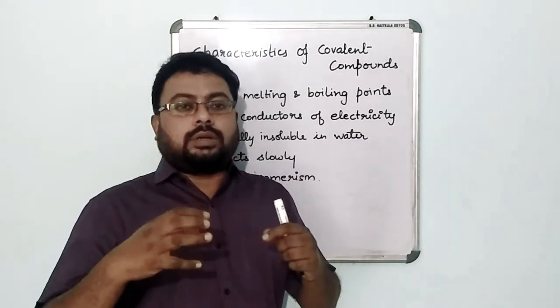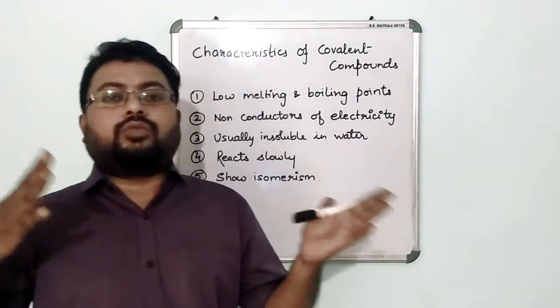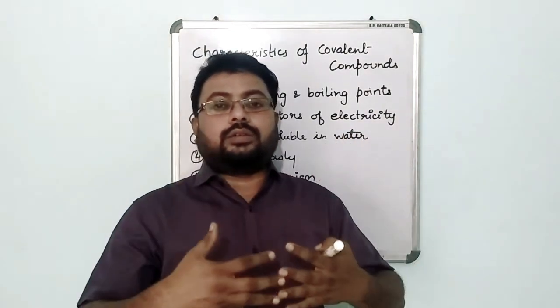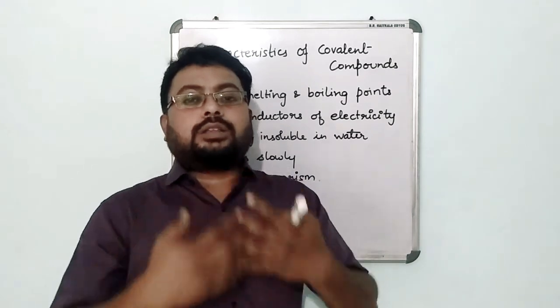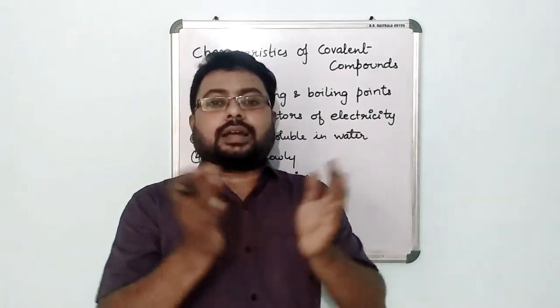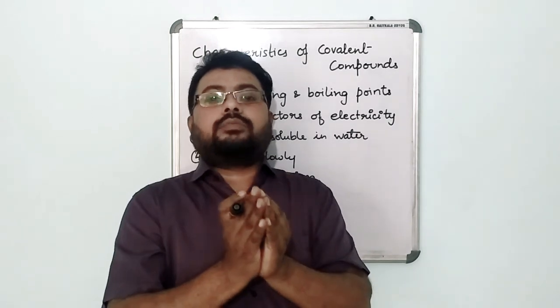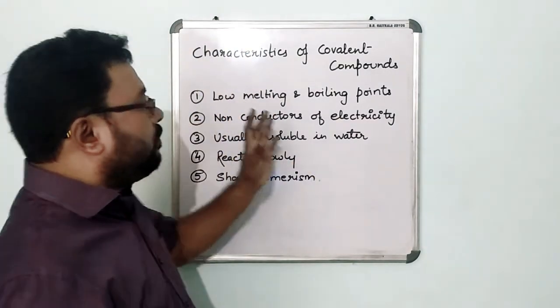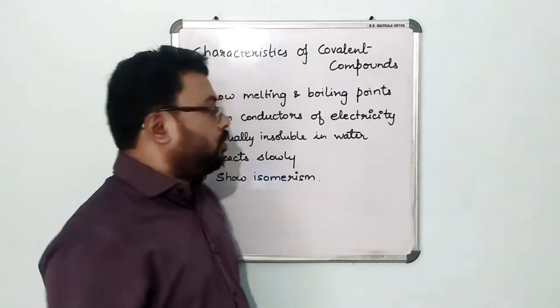In an electrovalent bond there are two opposite charges and their attraction towards each other is much more than the attraction of two atoms which share electrons. That's why they have low melting and boiling points.